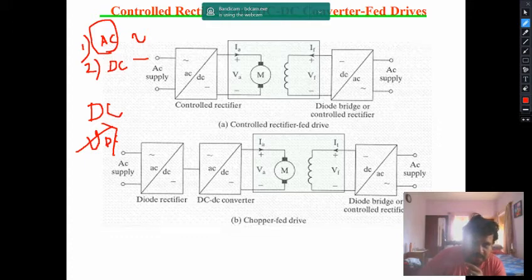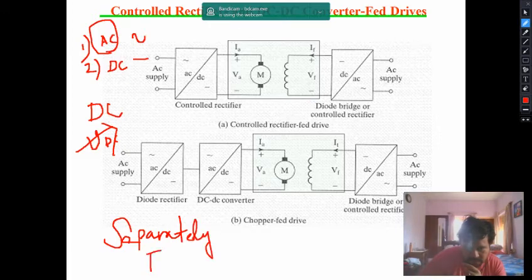Here we are showing a separately excited DC drive.